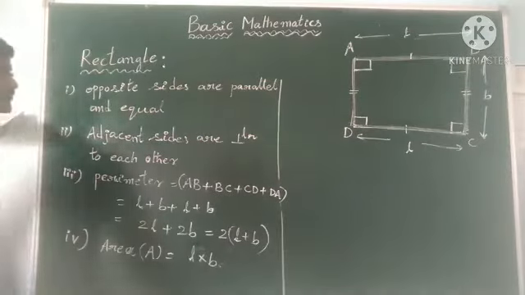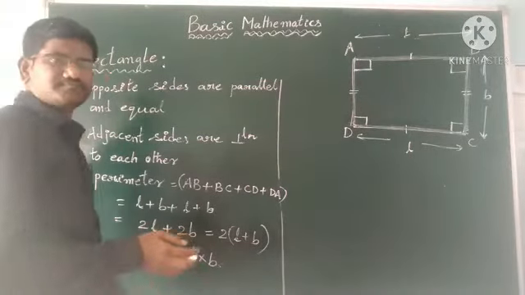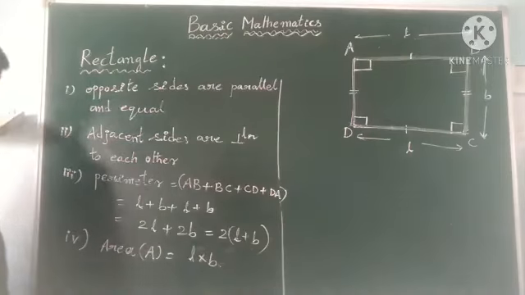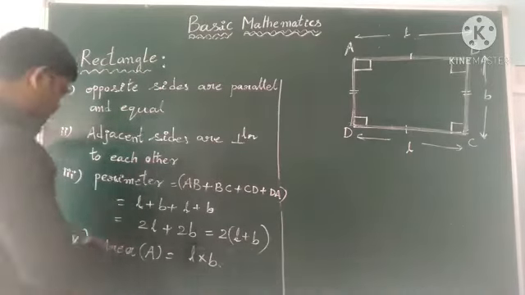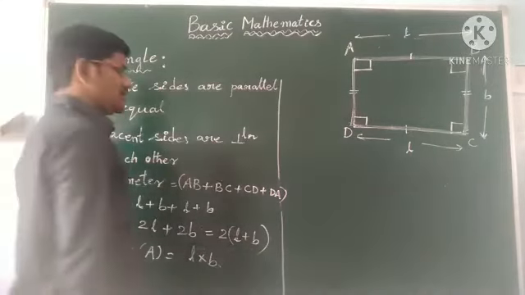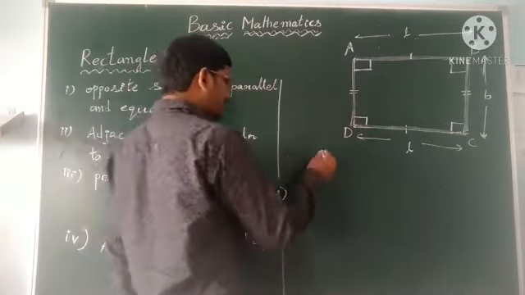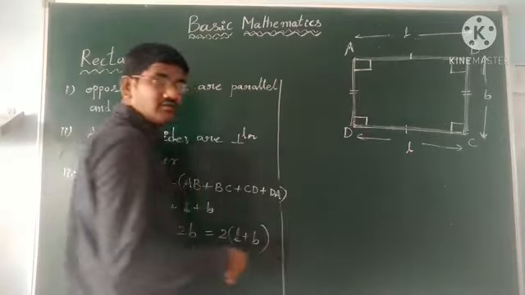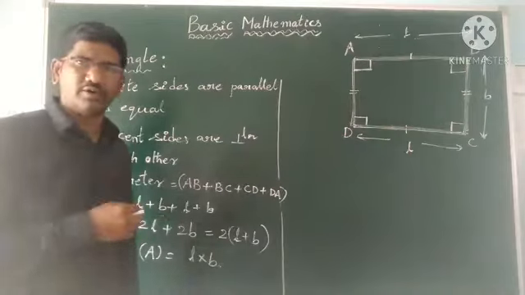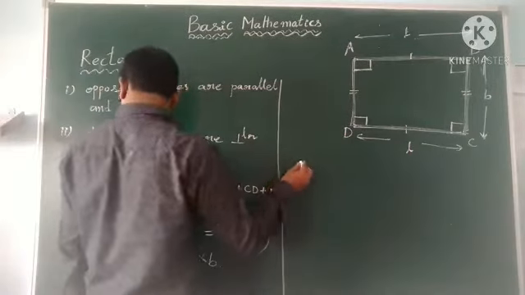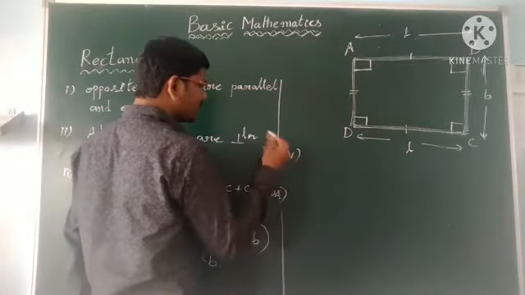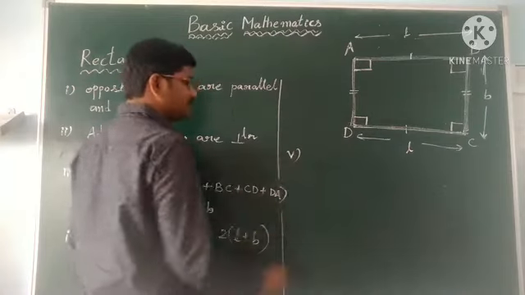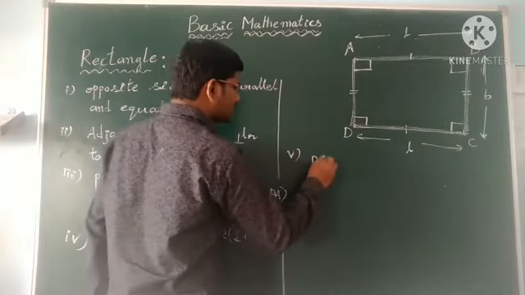Okay, students. Now the next one. We got the area. Next one is diagonals. About the diagonals, we will have three points like a square. Diagonals bisect each other.